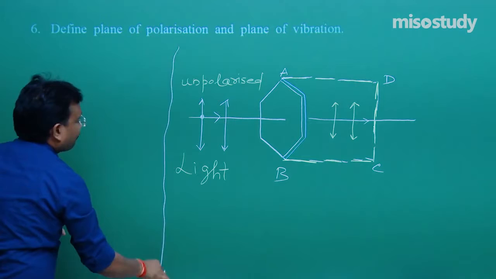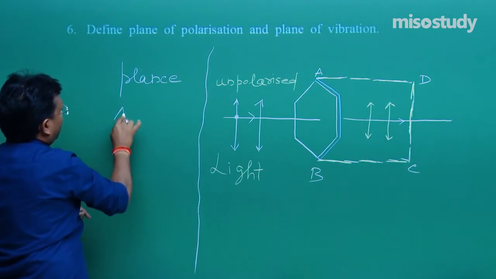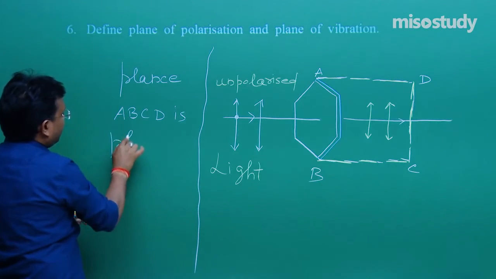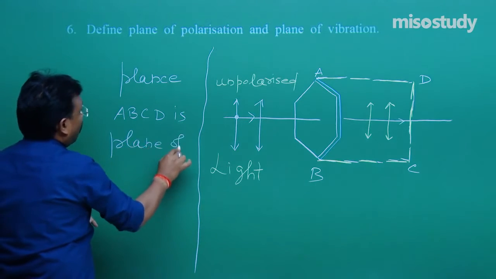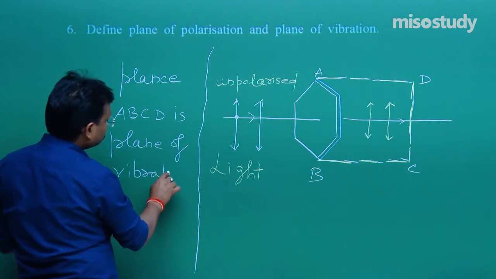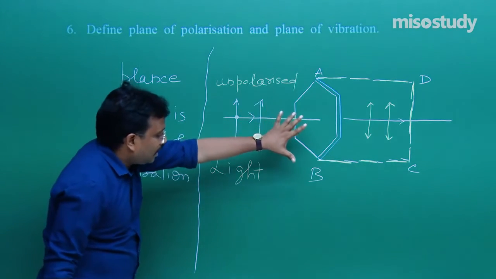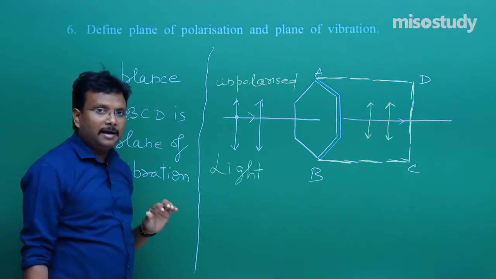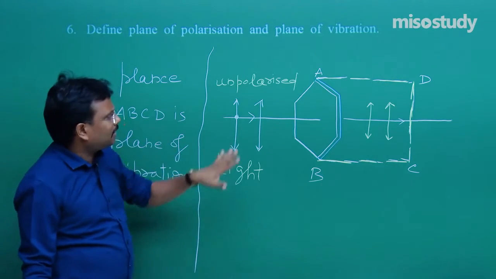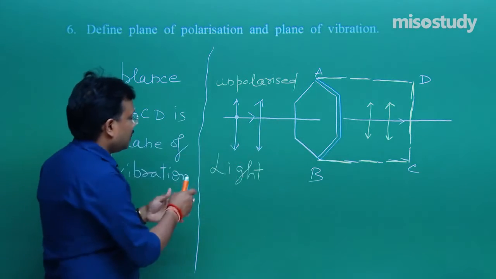That is, plane A, B, C, D is the plane of vibration. Okay. So, if you draw the diagram like this and then explain, it will give the idea to the mind of the evaluator that yes, the concept is clear in the mind of this student.